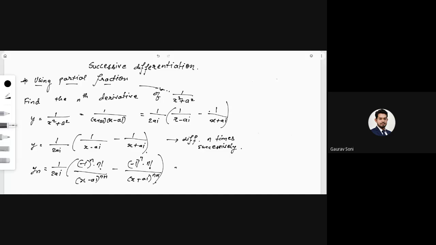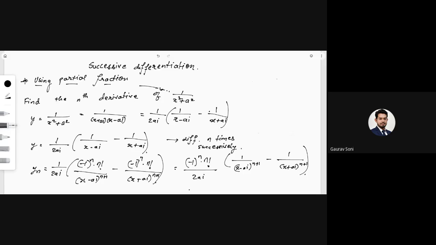So what I can do here is take minus 1 raised to n into n factorial common, upon 2ai in bracket 1 upon x minus ai raised to n plus 1 minus 1 upon x plus ai raised to n plus 1.